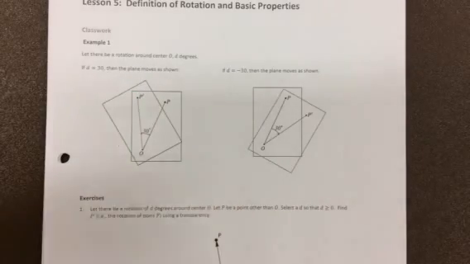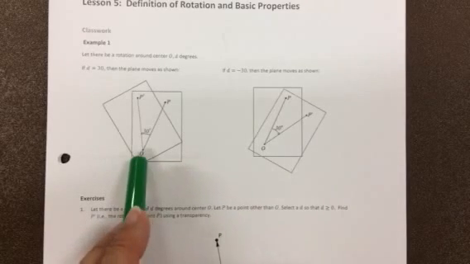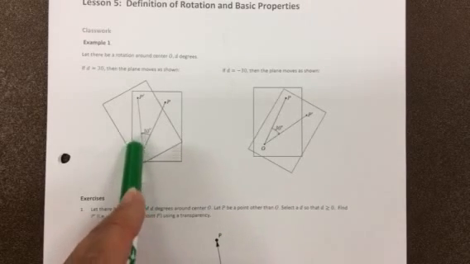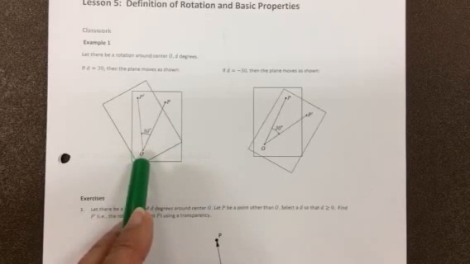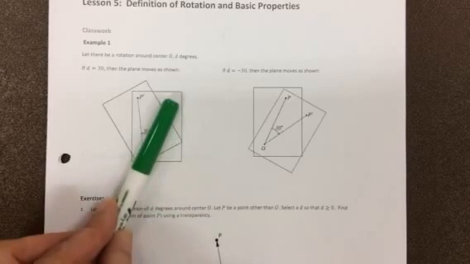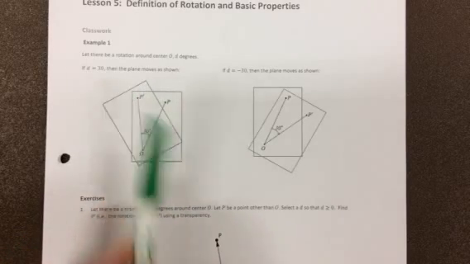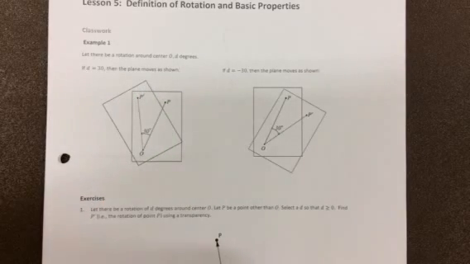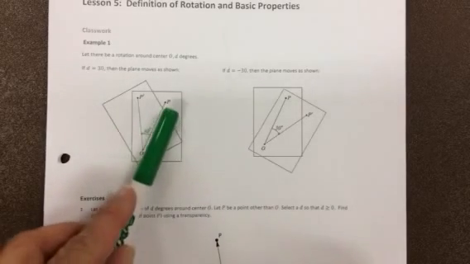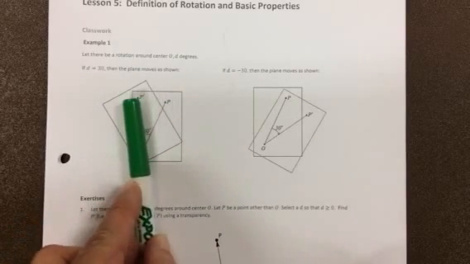And so for a rotation, you need to be given the point around which to rotate. So we're labeling that point O in this diagram, and we're going to rotate point P 30 degrees. And so you can see its image under that rotation. So that's in a counterclockwise direction.